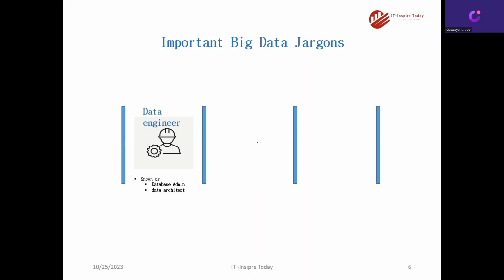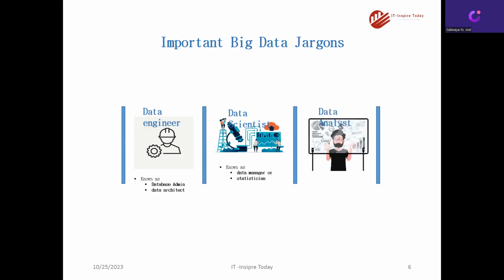They're also known as data architects. And data scientists are known as data managers, or statisticians. They take the data which comes from the data engineer and process it using statistical methods. Data engineers collect data from different databases and store them in a proper place, such as Hadoop, or let me name a few, because we shall see them.